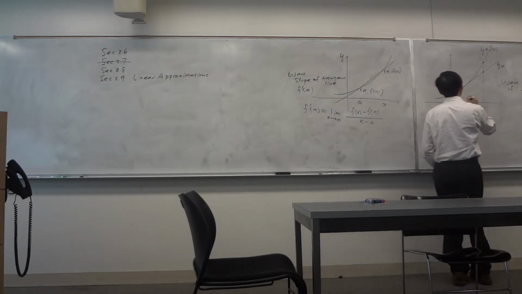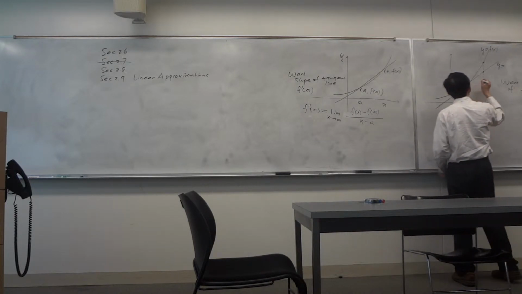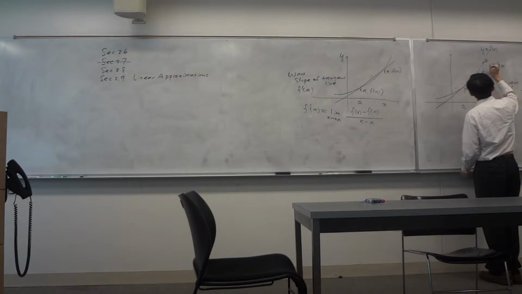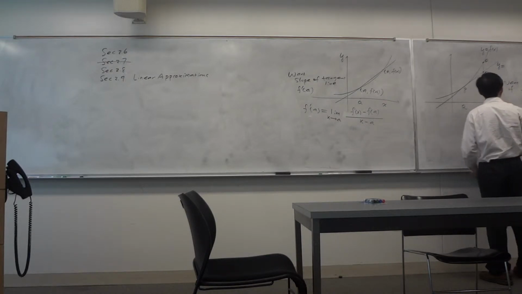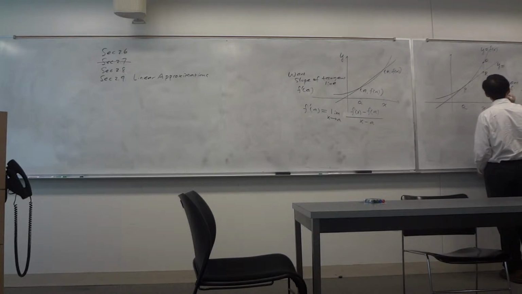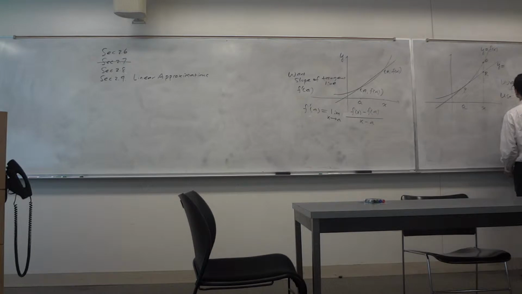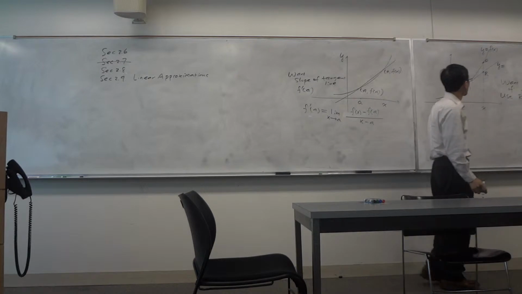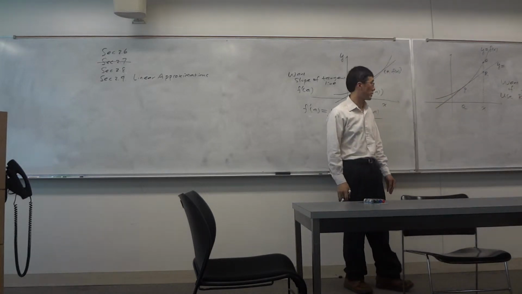If you label these as a point P, a point Q, and a point R, basically we use R to approximate Q. You can actually compute exactly where R is.